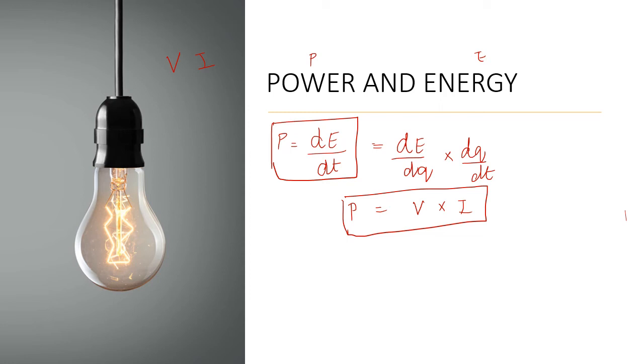Now the sign convention is pretty important, and throughout the circuit theory course we'll be using what is called the passive sign convention, and it's pretty simple to understand. Let's say current is flowing in this direction, and this is a resistor, and the voltage polarity is marked like this.